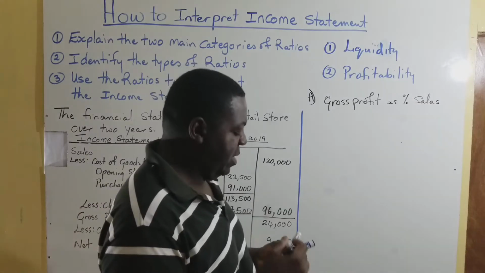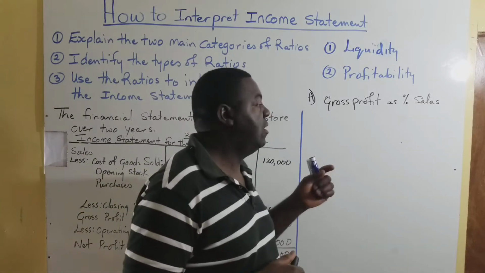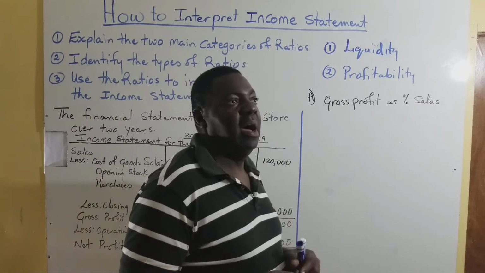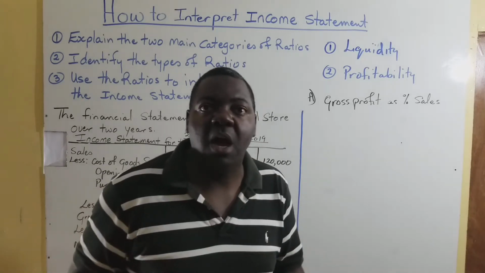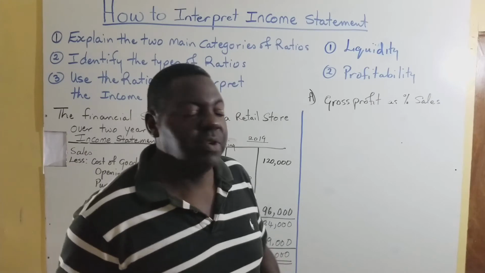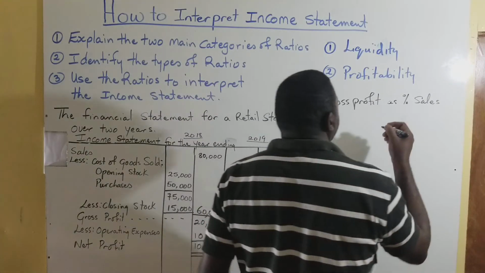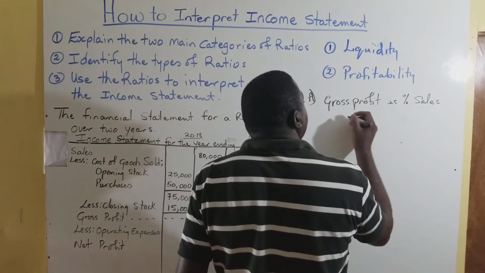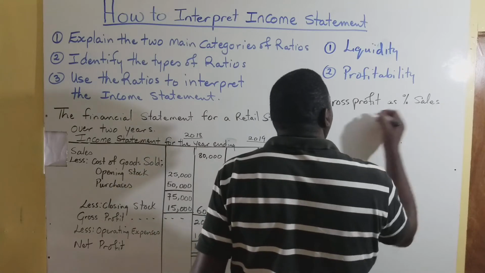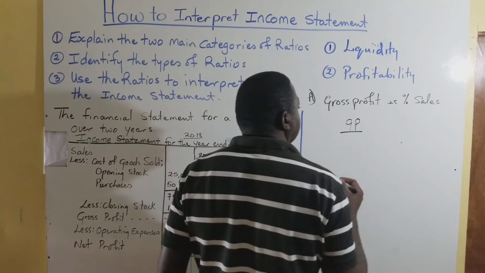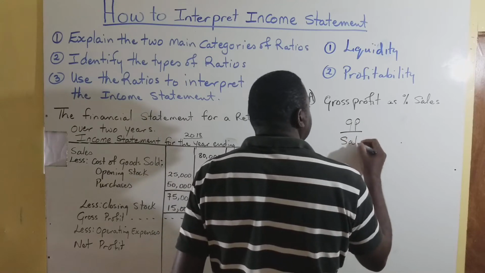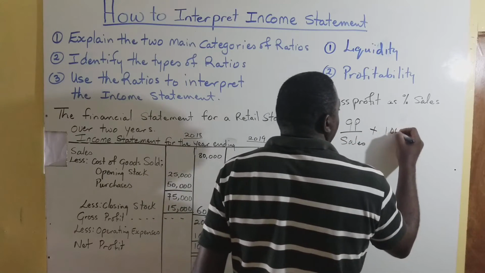Here what we're seeking to do is to determine to what extent we're earning, or what level of return we are getting from our trading. To find the gross profit as a percentage of sales, we have our gross profit, GP, over the sales figure, multiplied by 100.